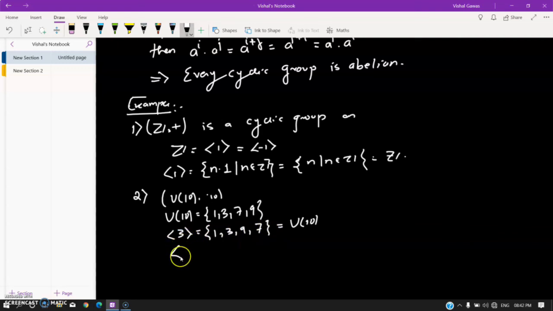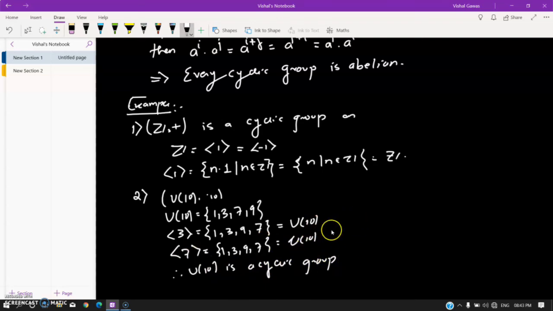It would be 7, so 7 would also generate the same group, which is U10. Therefore U10 is a cyclic group.